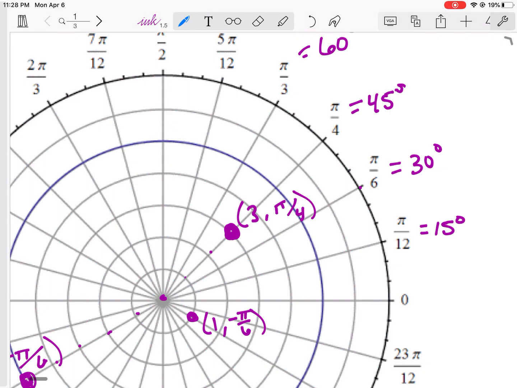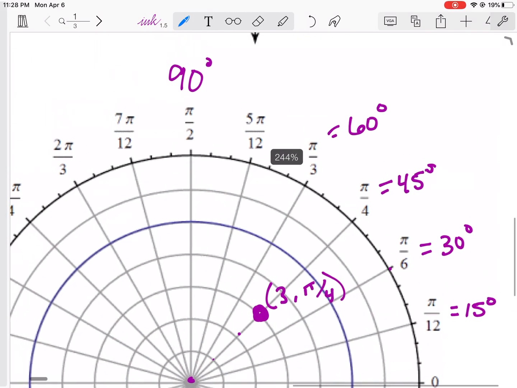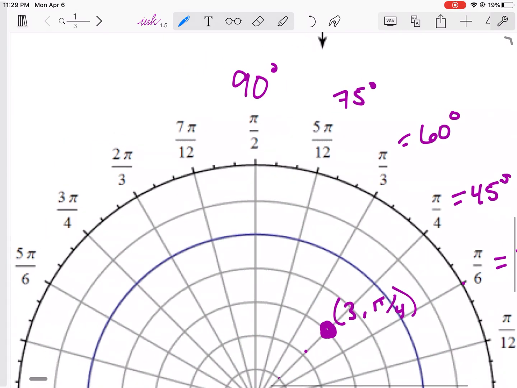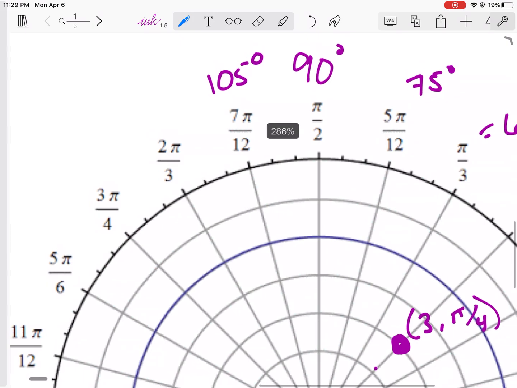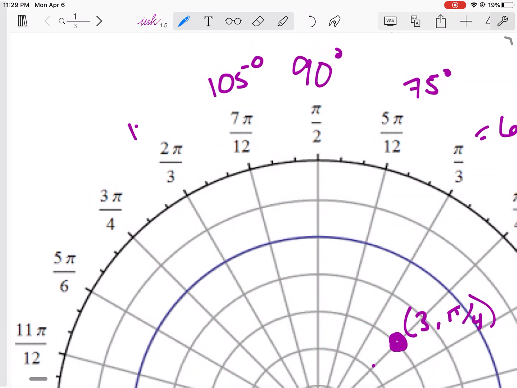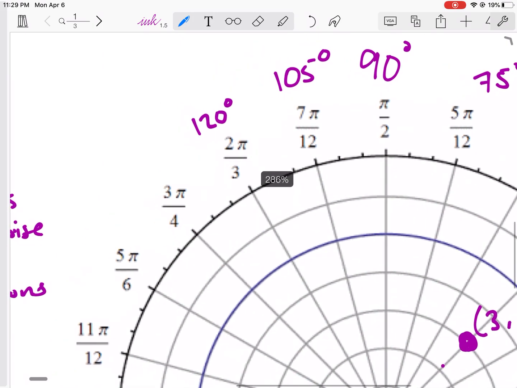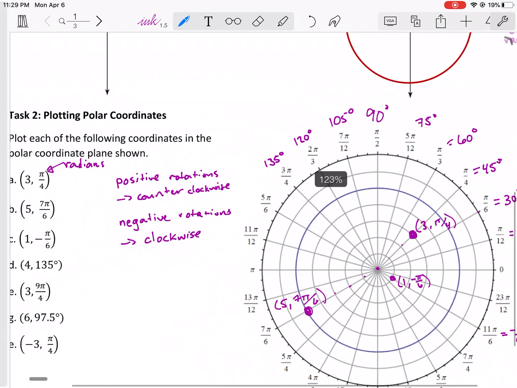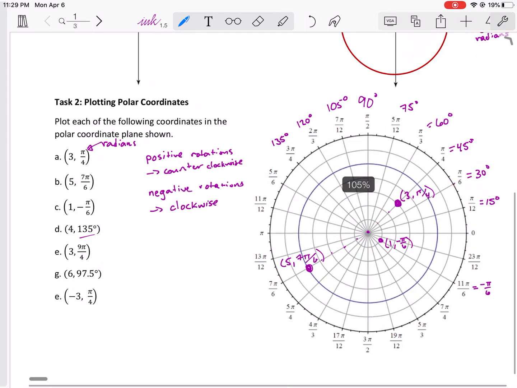15, 30, 45, 60. Can keep going. This would be 75 degrees. Plus 15 would give us 90. 90 plus 15 would give us 105. 105 plus 15 would give us 120 degrees. And plus 15 again would give us 135 degrees, which is what we were looking for here.